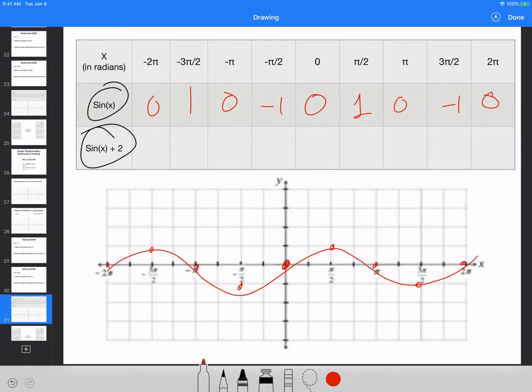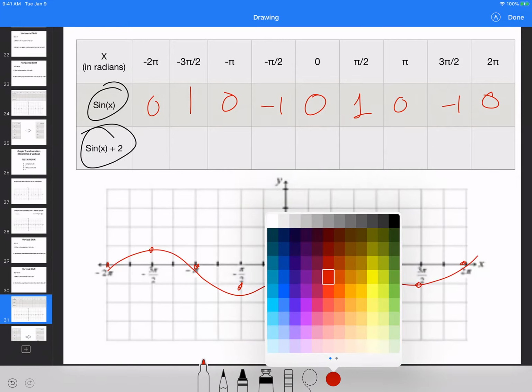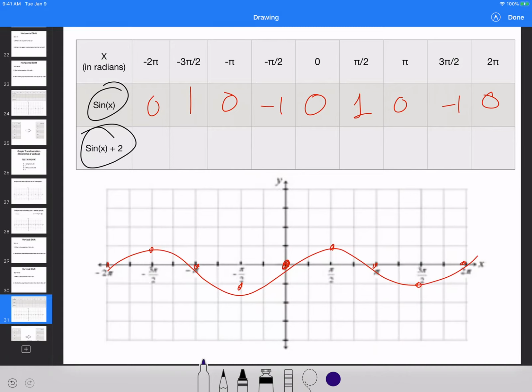Now for sine of x plus 2, what's essentially going to happen is you're going to take these values and just add 2 to it. So 2, 3, 2, 1, 2, 3, 2, 1, 2. That's what's going to happen.